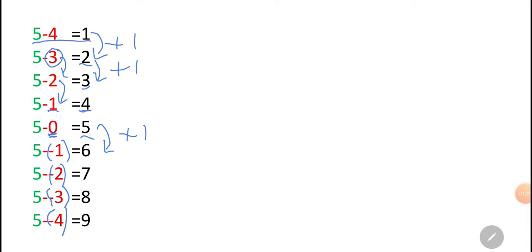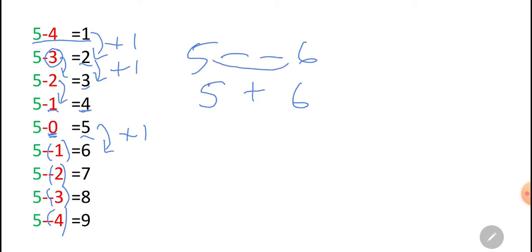What some students like to do is when they see a situation like this, say 5 take away negative 6, they like to see it as 5 plus 6. When they see two negatives side by side like this, they see it as a plus. So 5 add 6 is equal to 11.